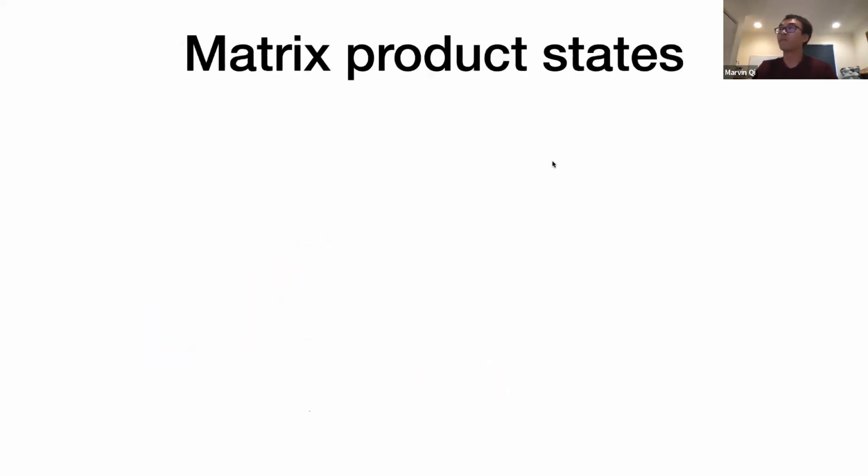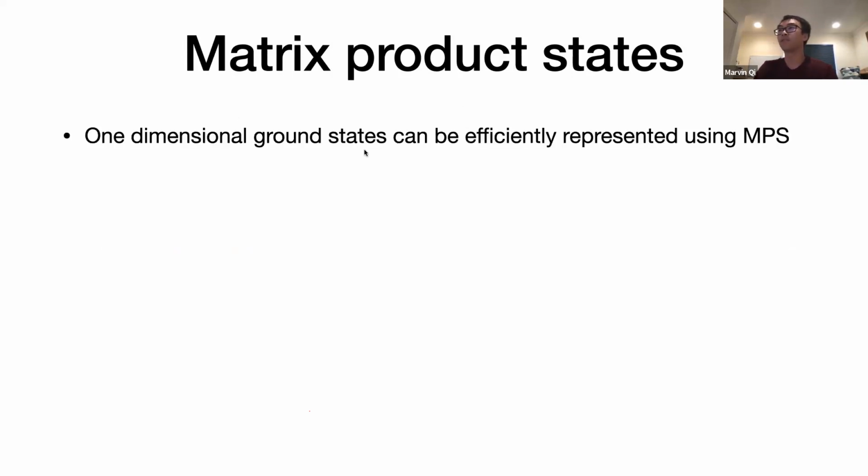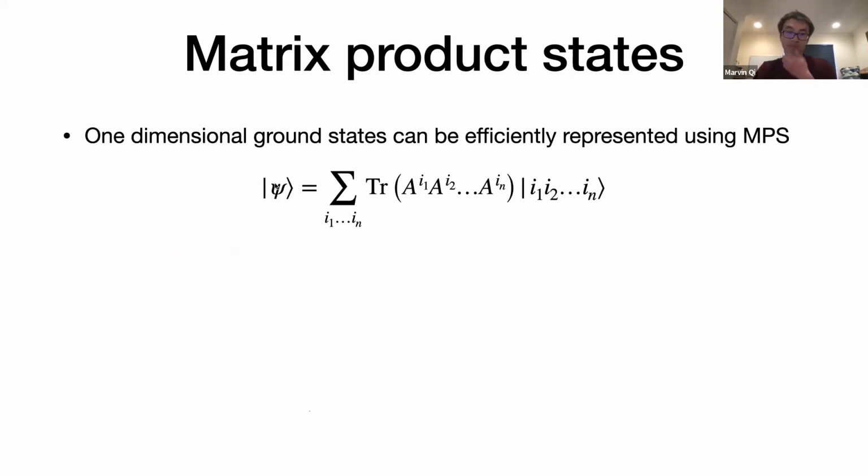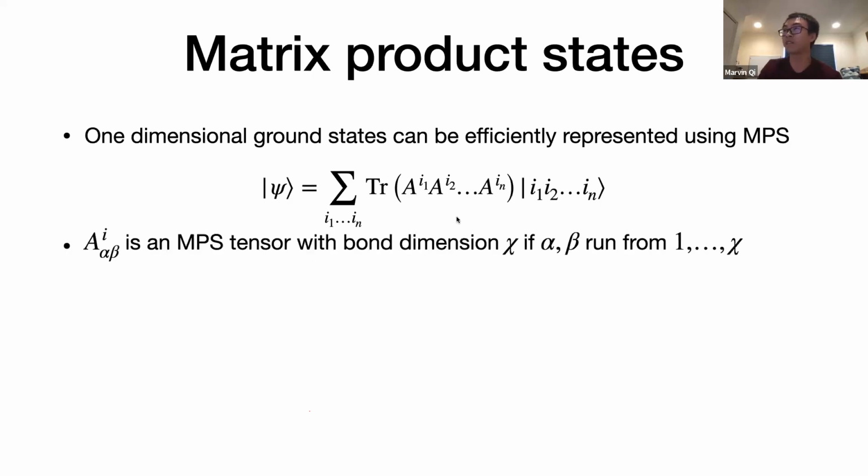Okay. So this Chern number pump is a 1-dimensional system, and matrix product states are a very natural tool to use to analyze 1-dimensional systems. And so we can represent the ground state of this Chern number pump using an MPS ansatz. These A's are essentially 3 index tensors.